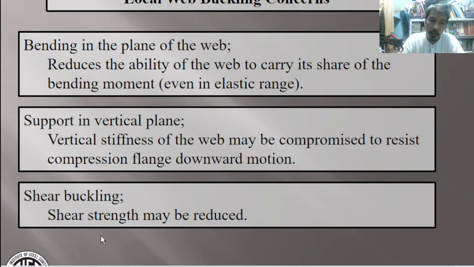Then, shear buckling: shear strength may be reduced. Those are for our third type of failure mode, that is local buckling.